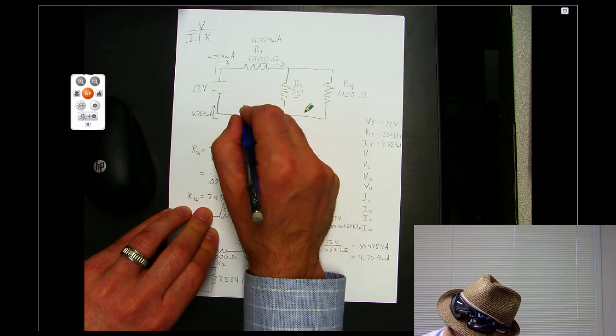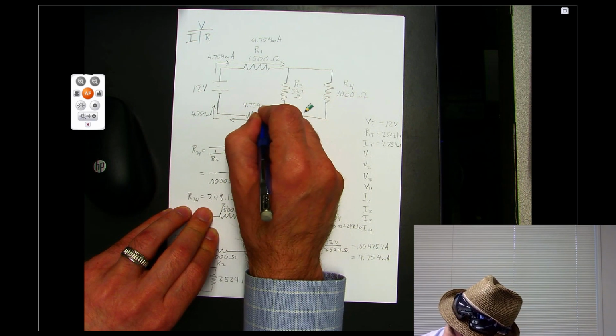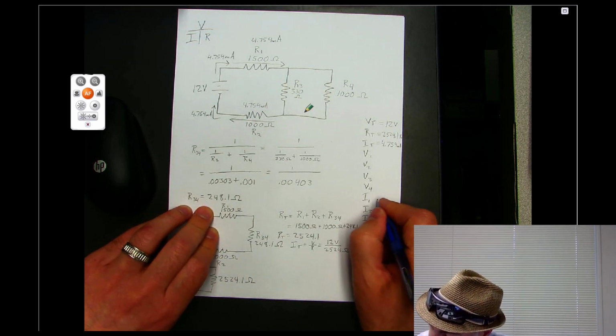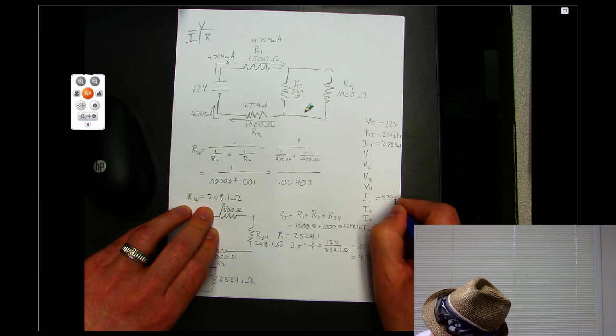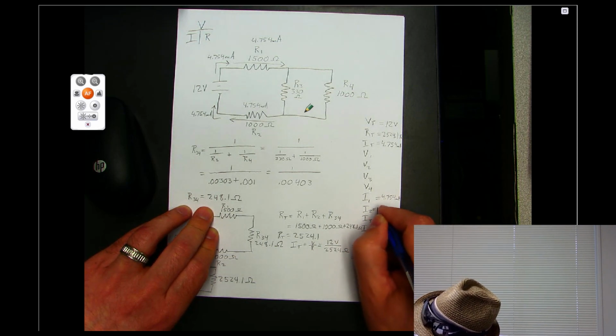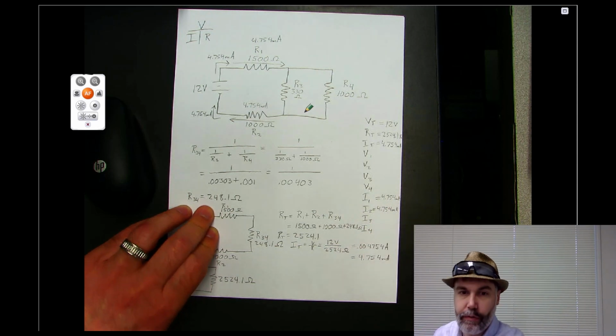So we have to have 4.754 milliamps flowing through that resistor as well. So I1 is 4.754 milliamps, and I2 is also 4.754 milliamps. Okay?